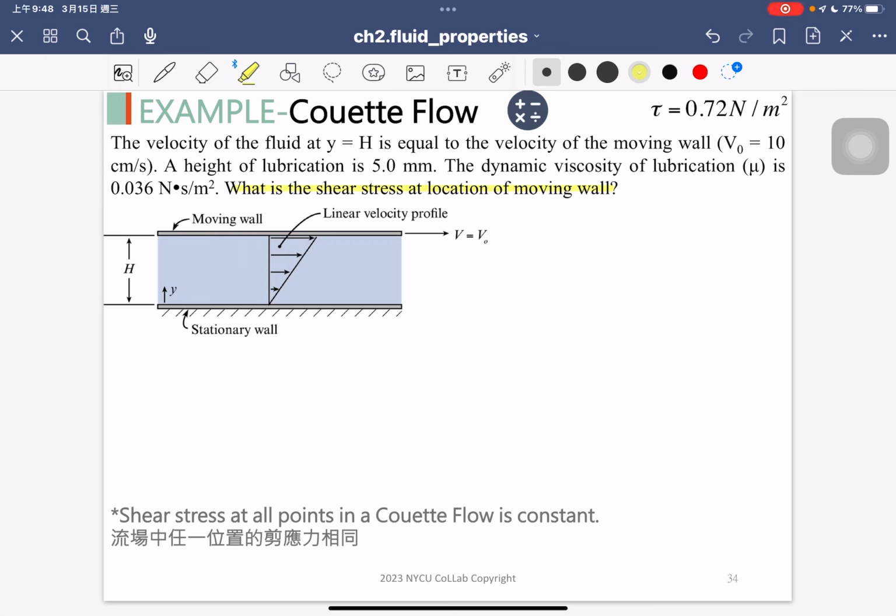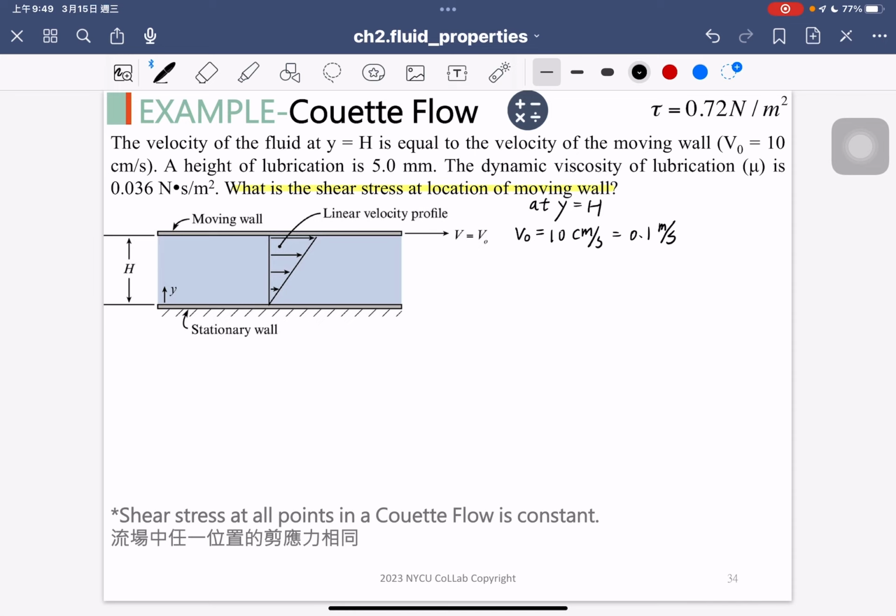Okay, so go back to see what parameters we have already. First, we know that the moving wall is at the location y equal to the thickness of the lubrication material. And second, we know that the moving velocity V0 is equal to 10 centimeters per second, which equals 0.1 meter per second.